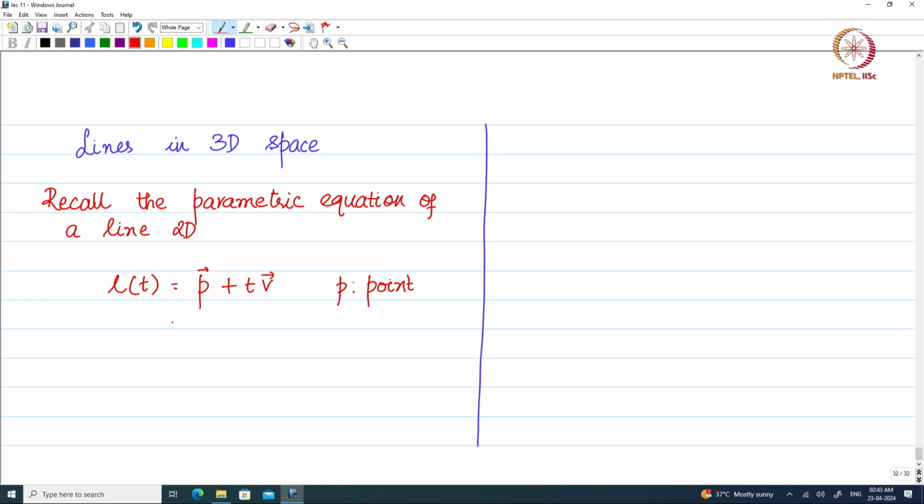So, we had L of t is equal to P plus tv, where P is the point, t is the scalar and v is the vector along whose direction the line is.